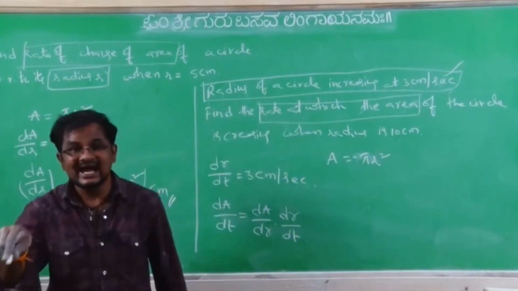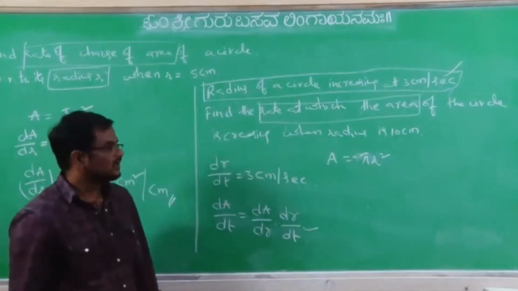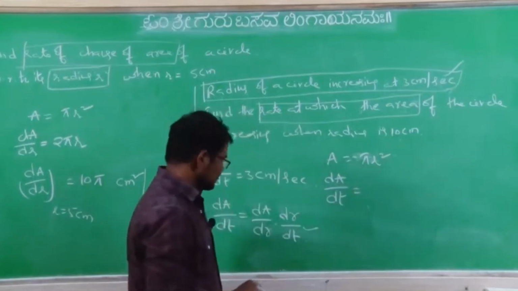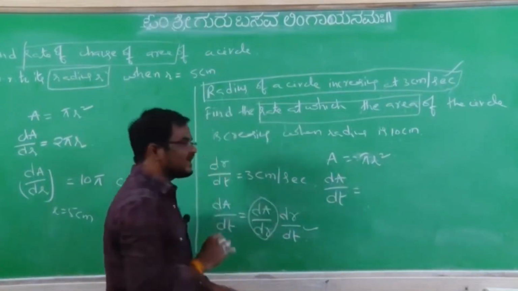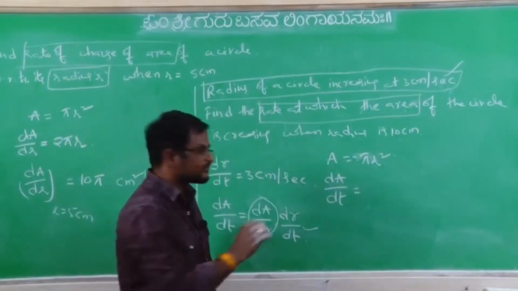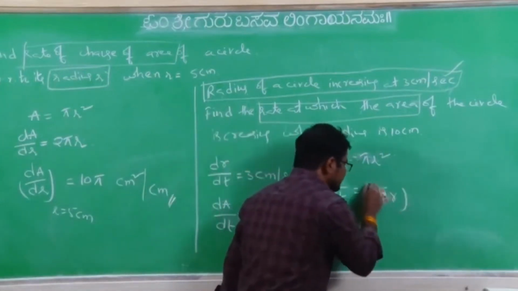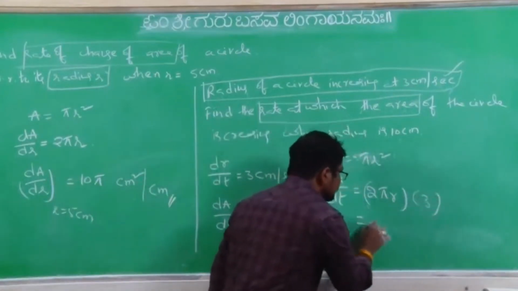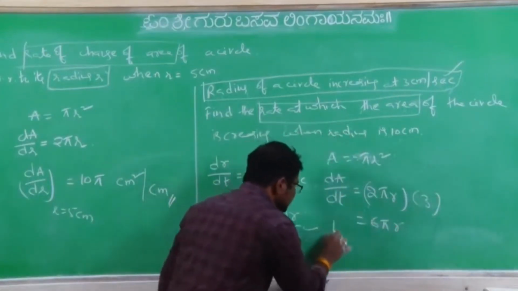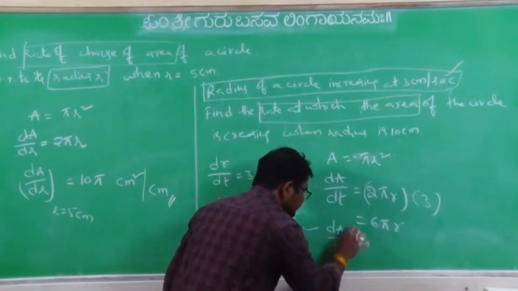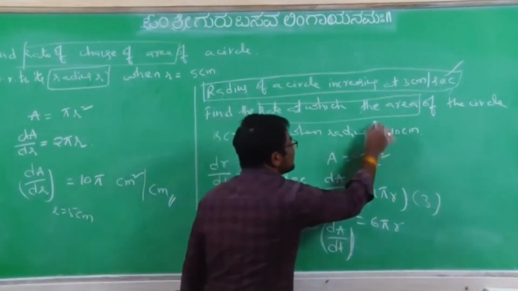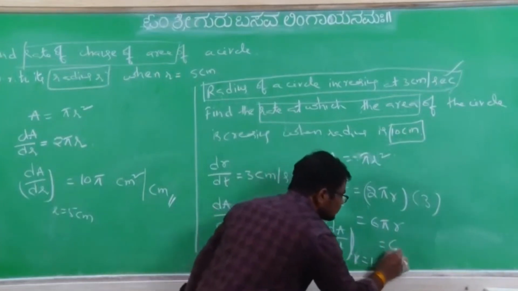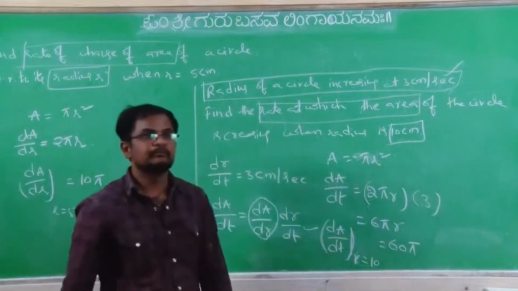So dA by dt equal to dA by dr, differentiating with respect to r, means 2 pi r into dr by dt. 3 is given, so that is equal to 6 pi r. Here radius is 10 centimeters, r equal to 10, that is equal to 60 pi.